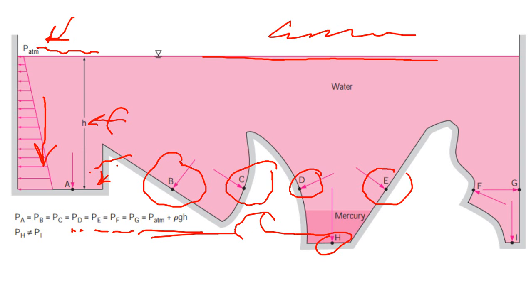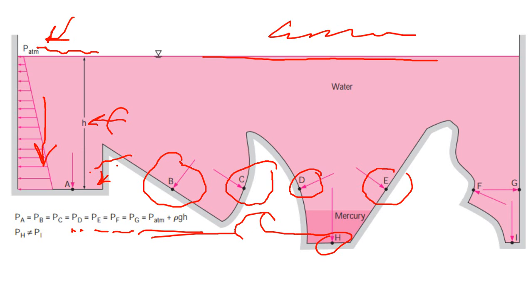This is because the positions are horizontal and can be connected by a horizontal line, and pressure does not vary as you move along the horizontal. You can also see that even if it's acting on a different surface, it is independent of the surface, and it is equal. It's not dependent on its horizontal position.